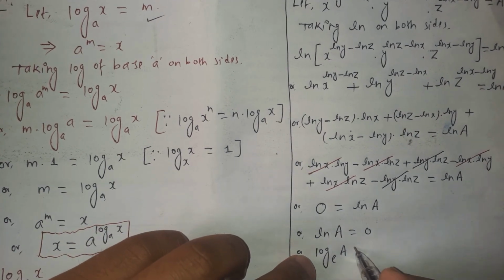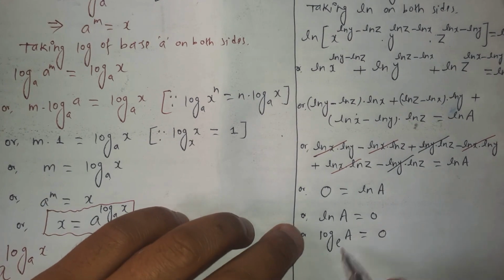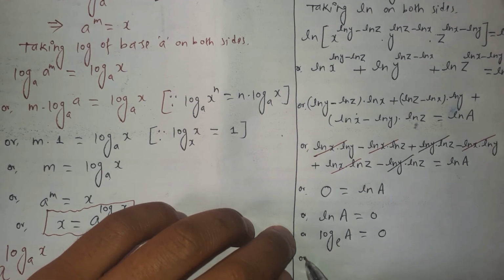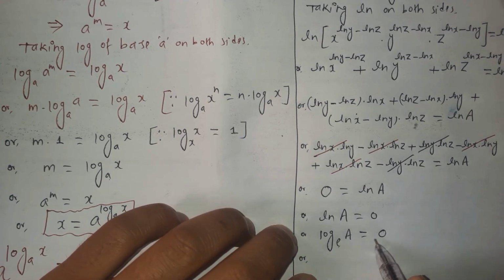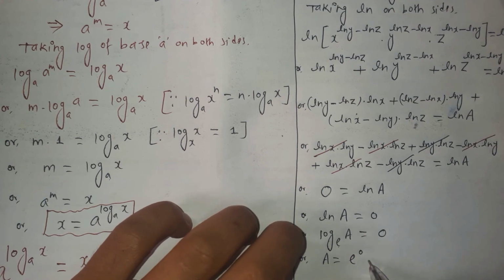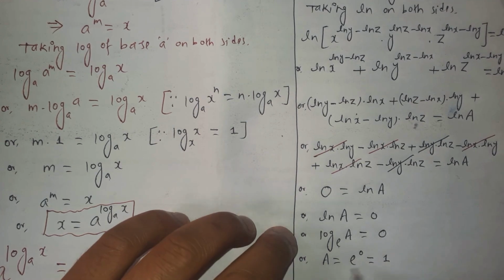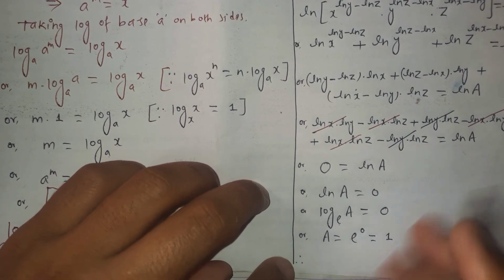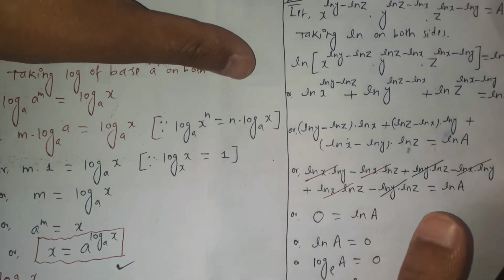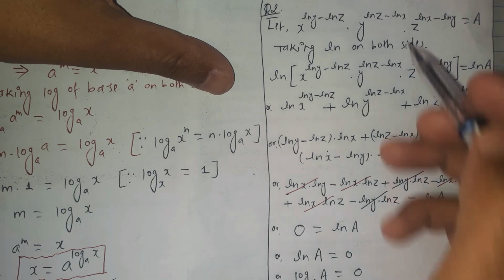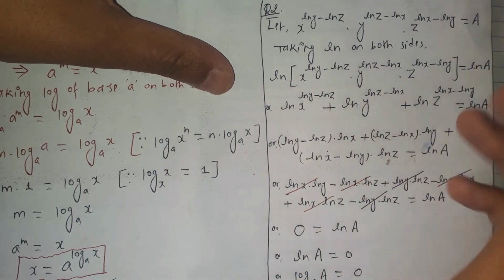Now changing this logarithmic equation into its equivalent exponential form, a will be e to the power 0, and e to the power 0 gives 1. Here we finally got the value of a as 1, where a is our supposition, so this result will be 1.